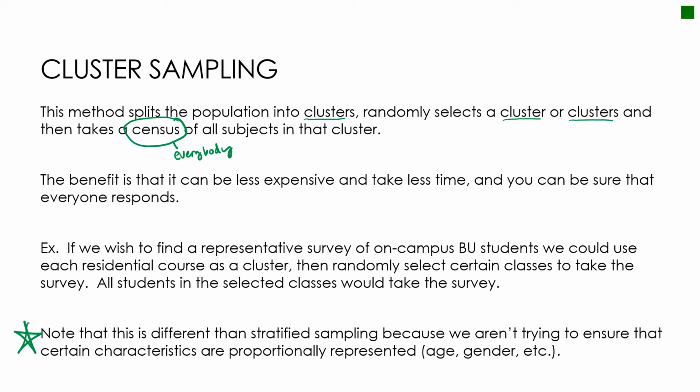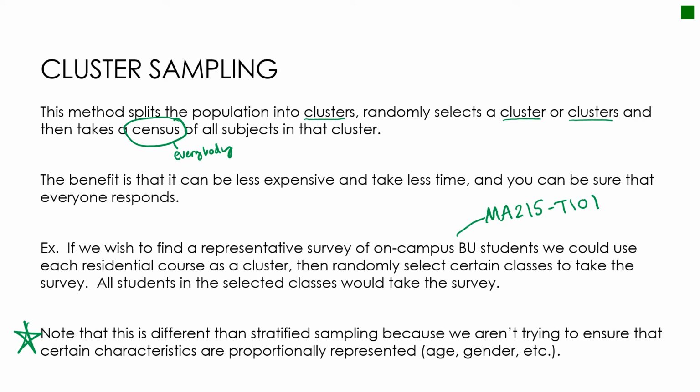So for example, I wish to find a representative survey of on-campus BU students. We could use each residential course, so each course that meets on campus, as a cluster. I could randomly select certain classes. So let's say my MA 215 T101 class, which is typically a class I teach, might be one of the classes.